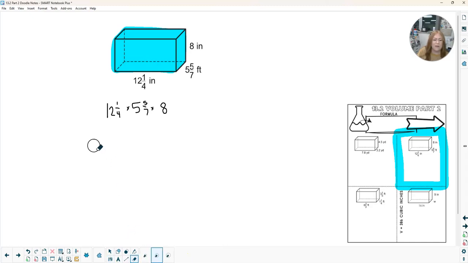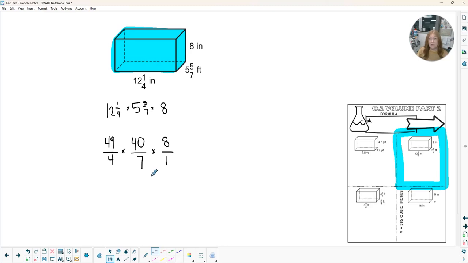What am I doing? 12 times 4 is 48, plus 1 is 49. How about that? So 49 over 4. And we're going to times that by 7 times 5 is 35, plus 5 is 40 over 7. And we have 8 over 1.